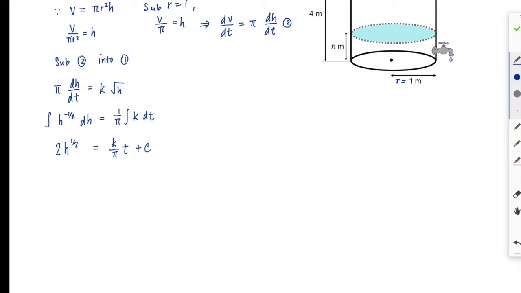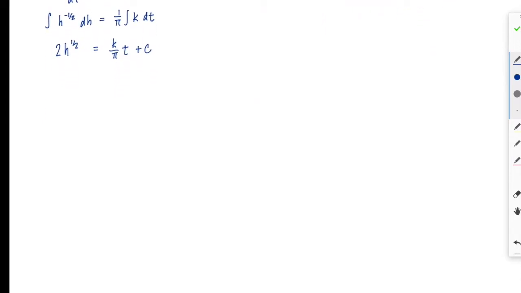We could isolate for h here, but we can also use this relation to do the substitution. So now we have when t is 0, the original depth or height of the water is 4. If I plug it in, I have 2 square root of 4 equals c, which means that c is 4. That gives me 2 square root h equals k over pi t plus 4 as an intermediate equation.